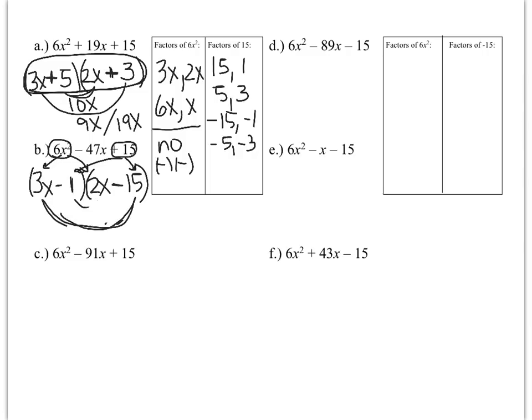And if I put the 1 here, that's going to get multiplied by the 2x. So here, negative 1 times 2x gives me negative 2x. And 3x times negative 15 gives me negative 45x. Combine those, that gives me negative 47x. And so the correct answer is this one right here.